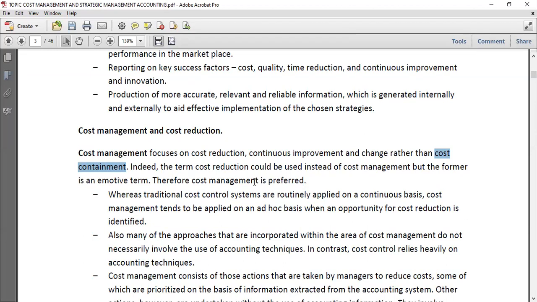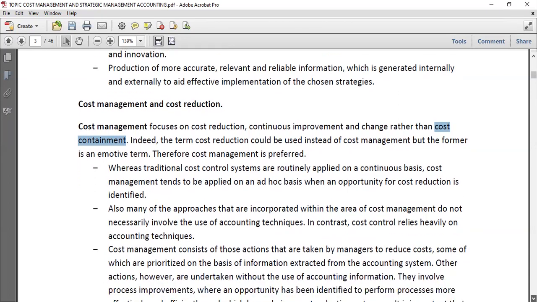So cost management is preferred for different reasons, because, like we said, it is continuous cost reduction, which is definitely good for the company. And one of the other things we need to understand is that, along with the cost reduction, there is also continuous improvement with cost management. We are not just remaining the same.